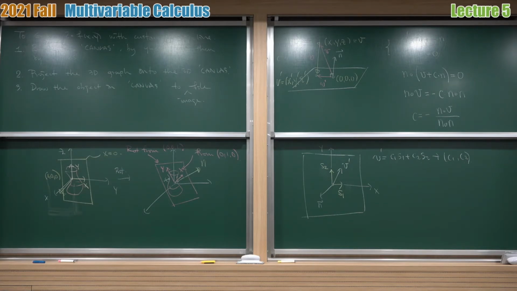Just finding C1 and C2. You didn't understand why finding C1, C2 gives the x and y coordinates in the canvas? Okay, so good question.